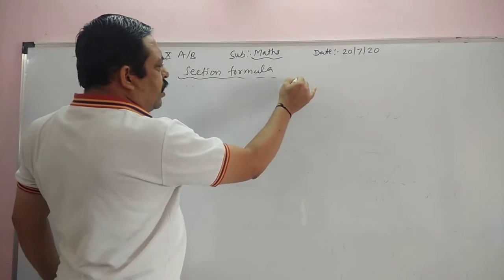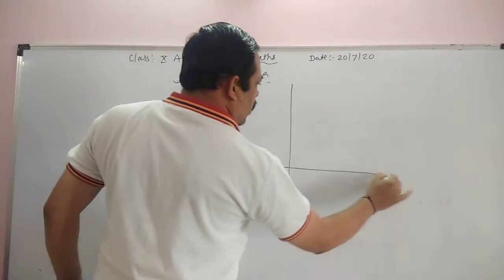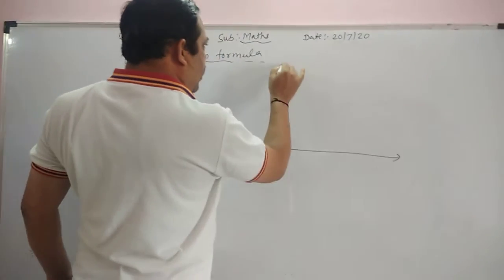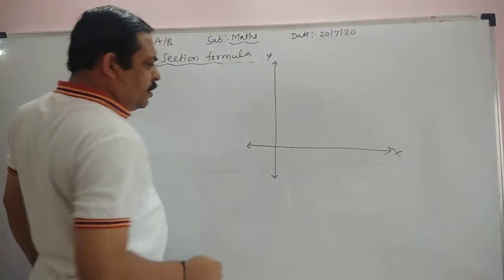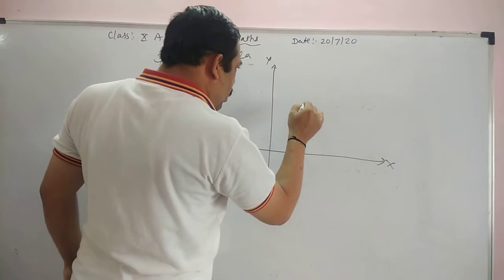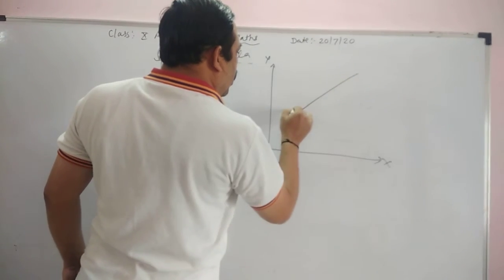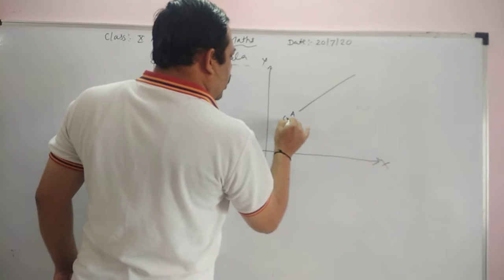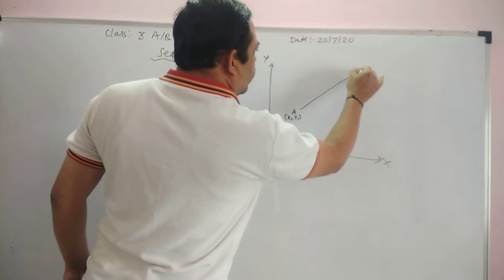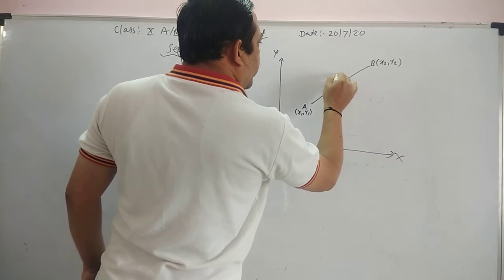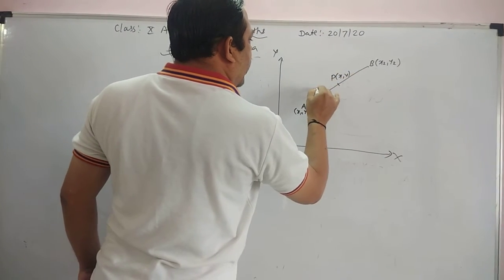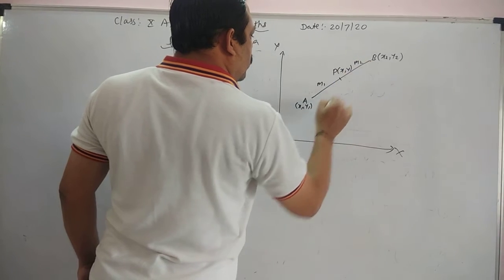For that we consider a coordinate axis. Horizontal is x, vertical is y. A point is (x1, y1), B point is (x2, y2), P point is (x, y). We divide in the ratio m1 as to m2.